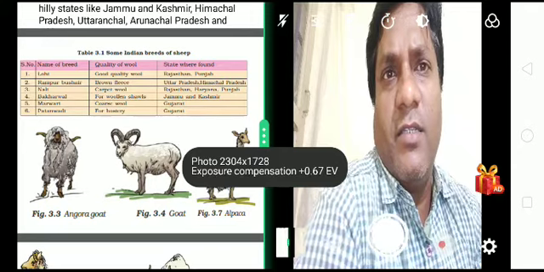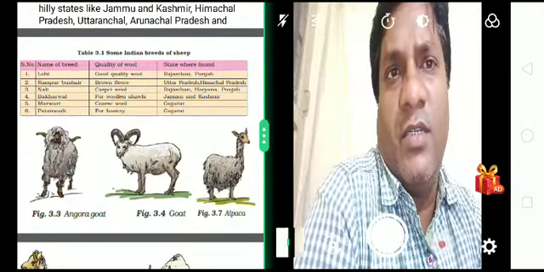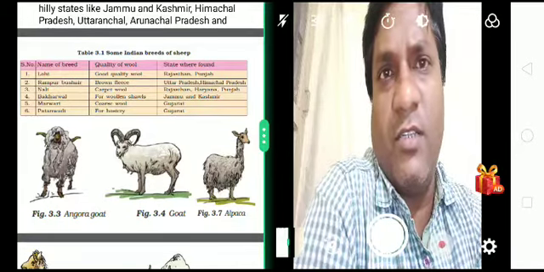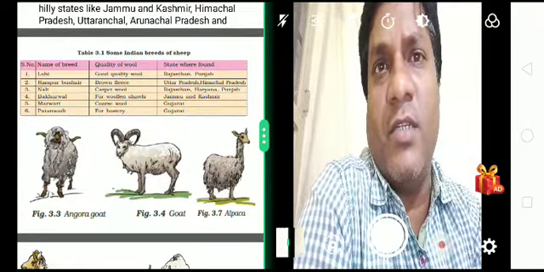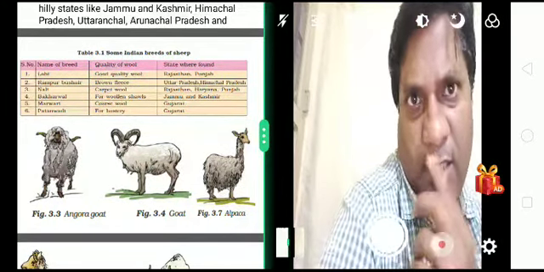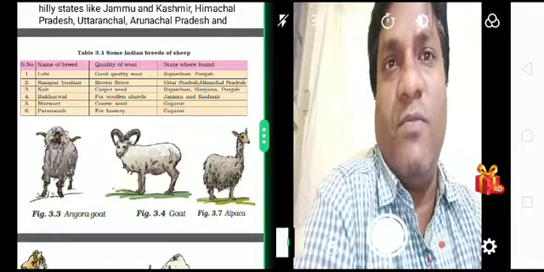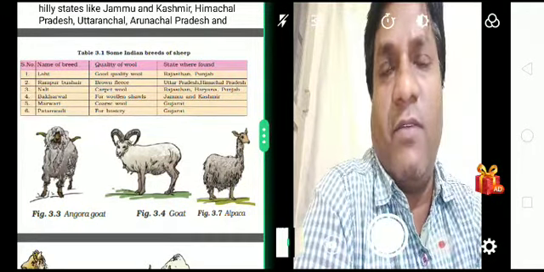Some Indian breeds of sheep which are found are listed in the table I am reading out for you. In the first column is the serial number, the second column is the name of the breed of sheep, the third column gives the quality of wool, and the fourth column gives the state where they are found.